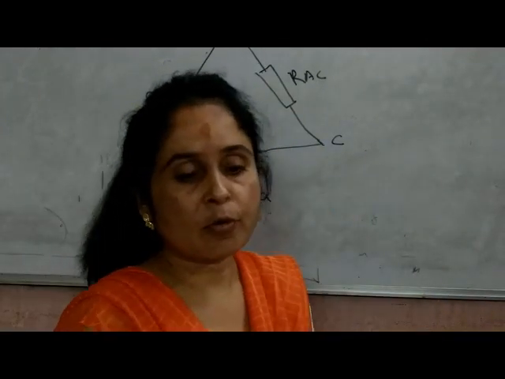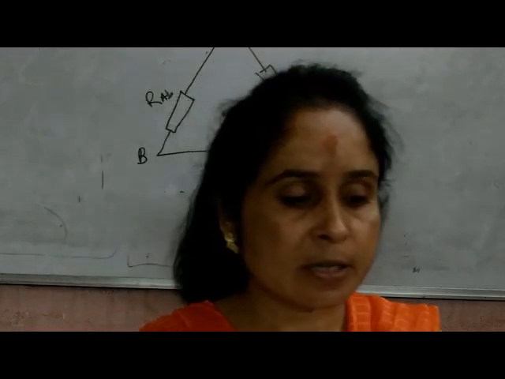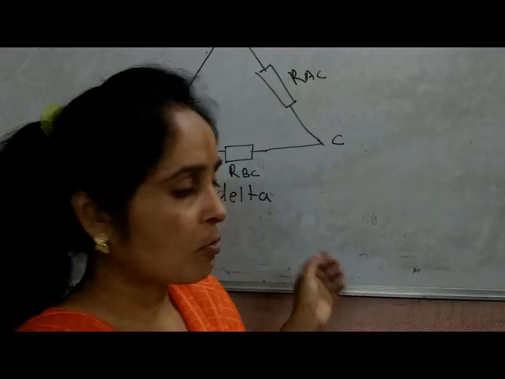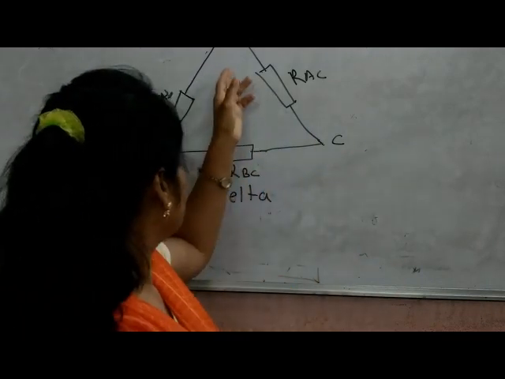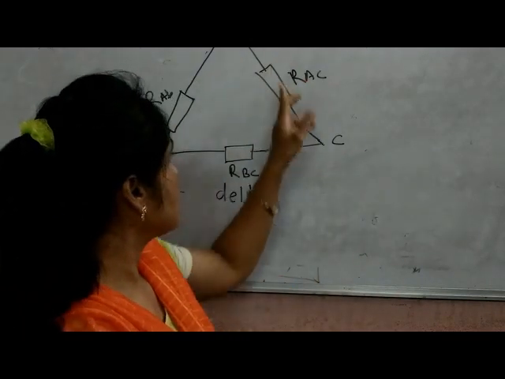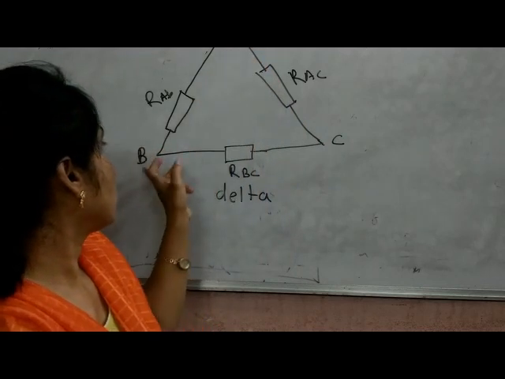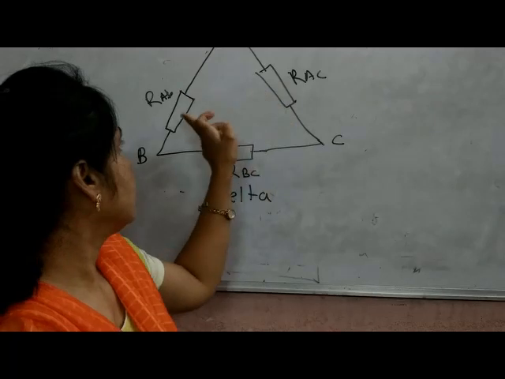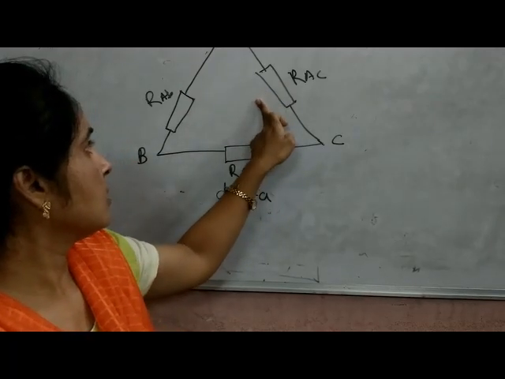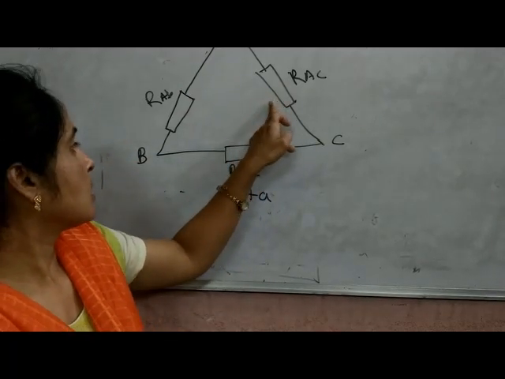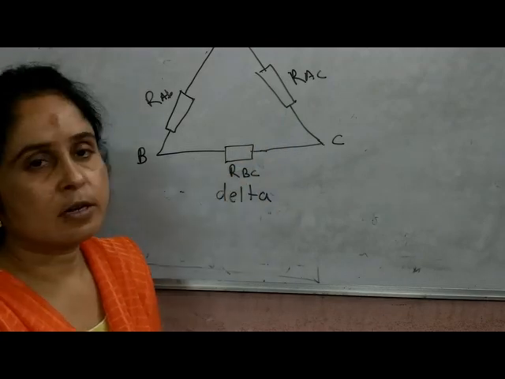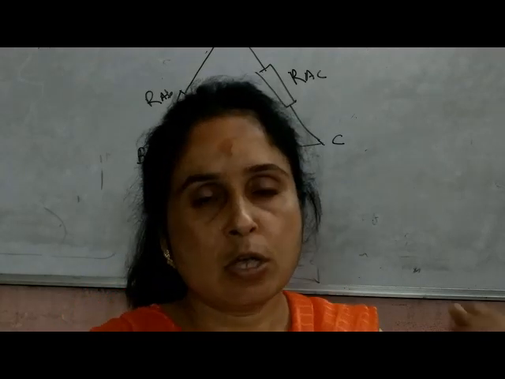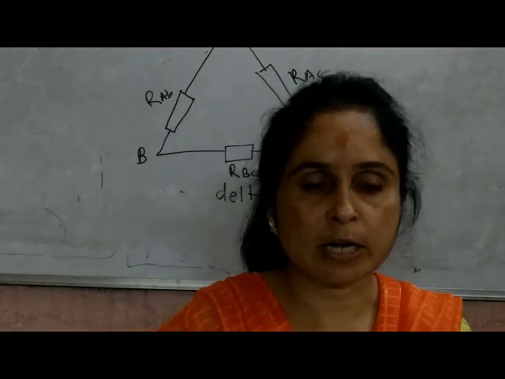The current flowing through the wires of the delta connection circulates in opposite directions in these circuits: the RAB, RAC and RBC currents flow in opposite directions, circulating in this circuit.